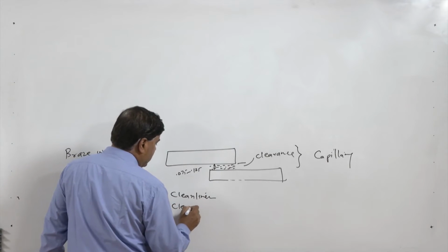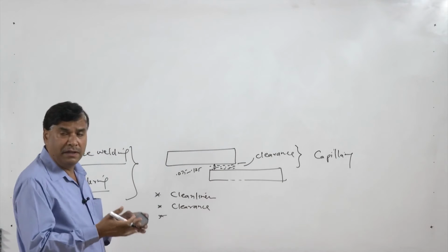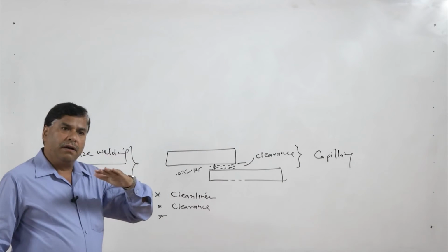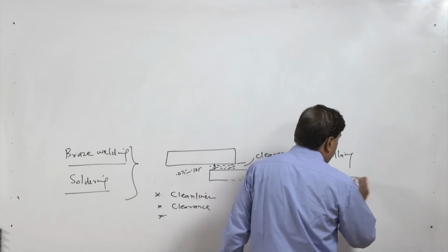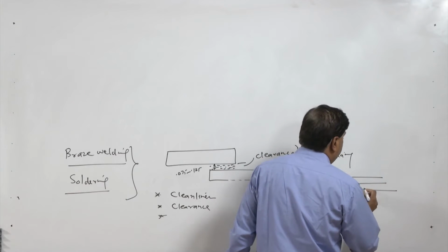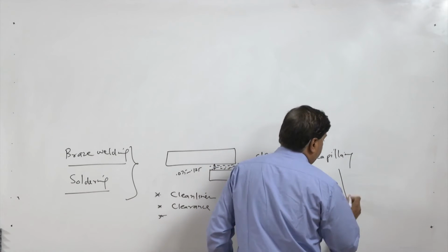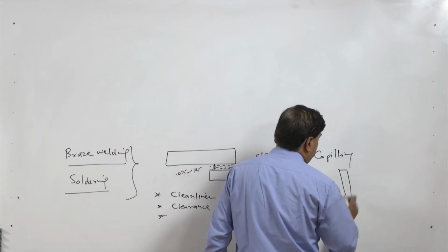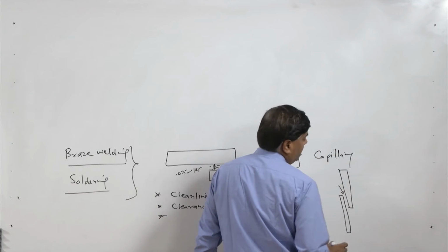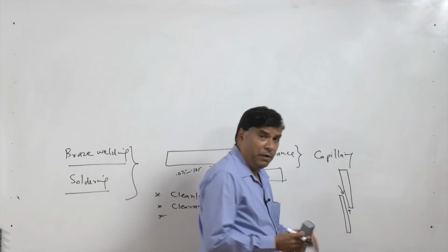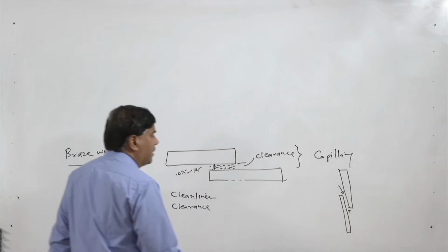Apart from the clearance, we will see the orientation of the plates where the solder has to spread. If it is horizontal, probably gravity will not play a big role, but if the sheets are oriented at a different angle, then the spreading will be governed by the angle at which the plates are oriented.